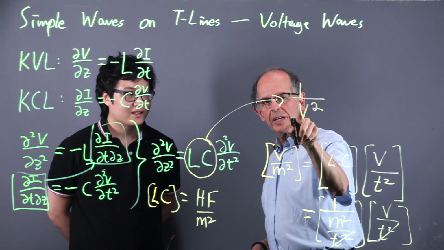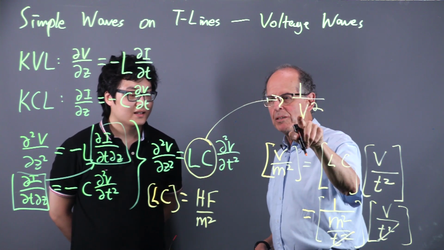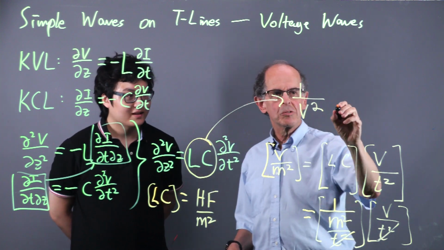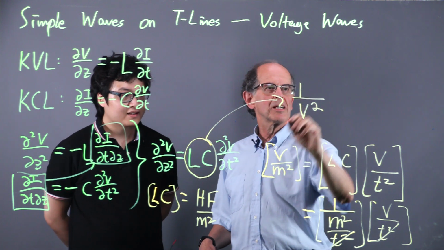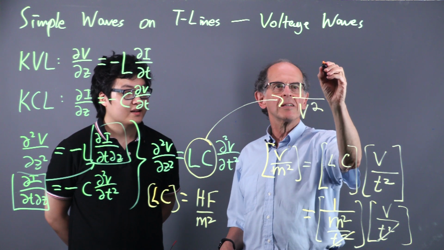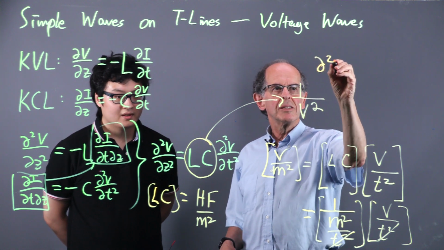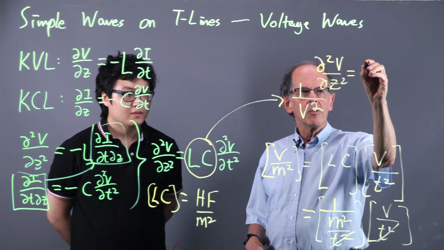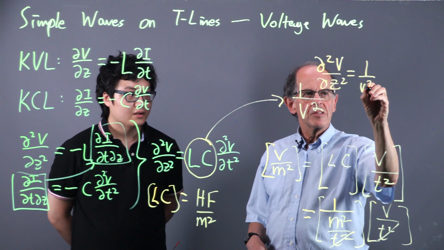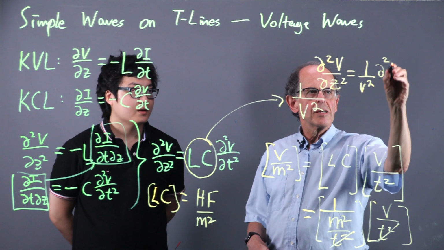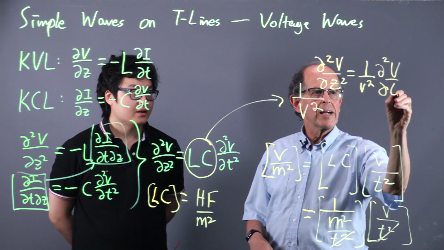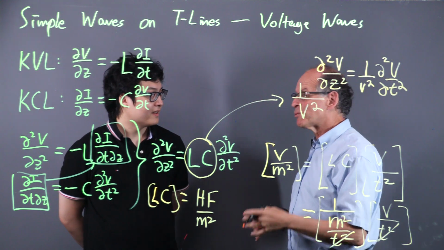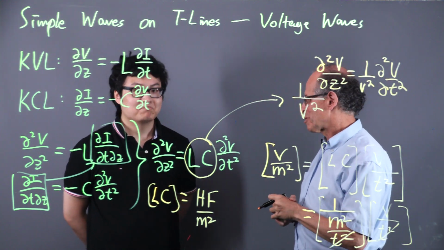If we replace LC by 1 over v squared, this whole thing can be rewritten. We get our final equation as d squared V dz squared equals 1 over the velocity squared times d squared V dt squared. And there's a similar equation for I, but we'll leave that for exercises.